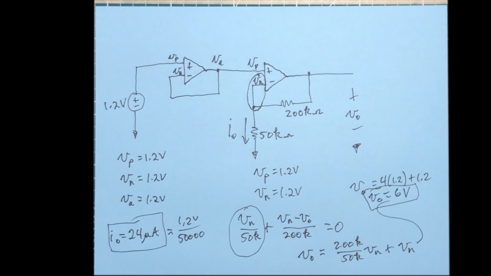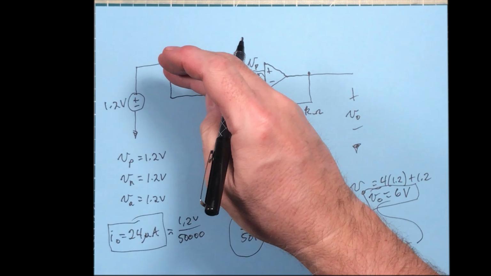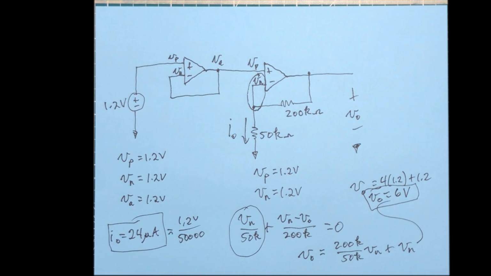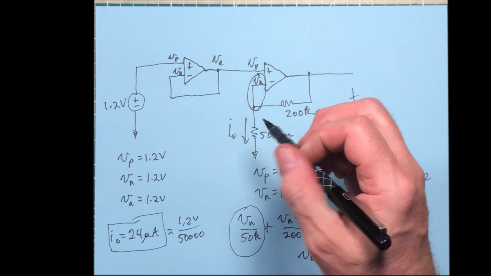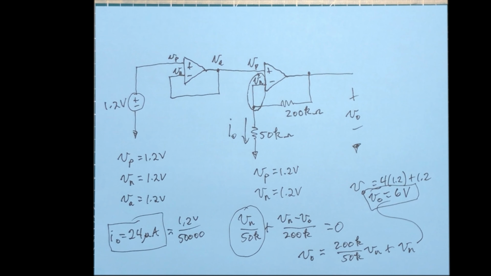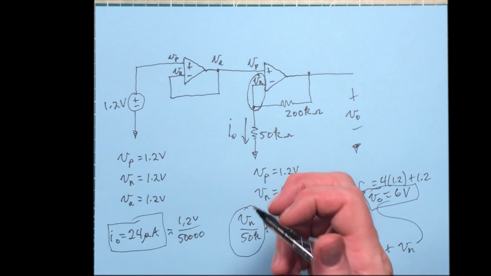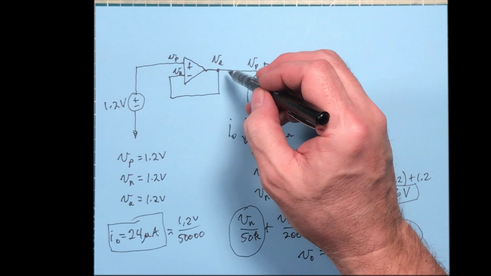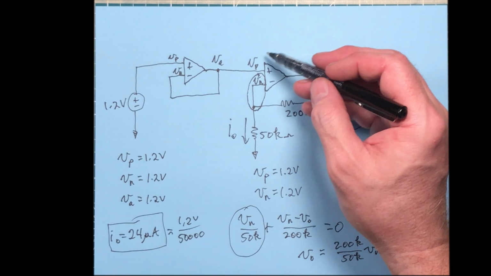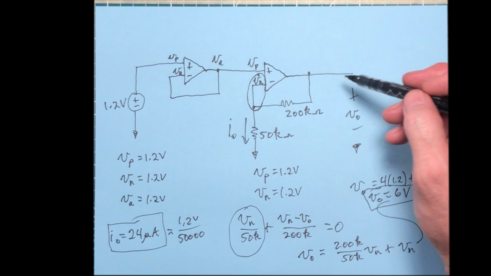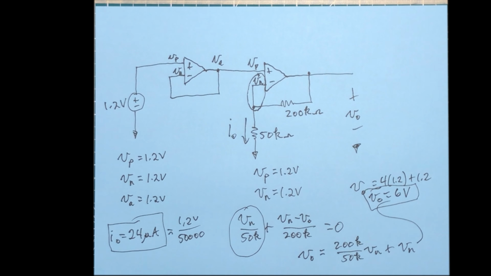Okay, so if you work a problem like this that has multiple op-amps, that's called a cascade. If you have a cascade of op-amps here, then you work it one at a time. You do the first one, the output of the first one becomes the input for the next one. You solve that one, the output of that one becomes the input for the next one, and so forth and so forth.